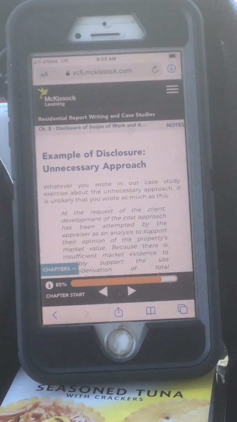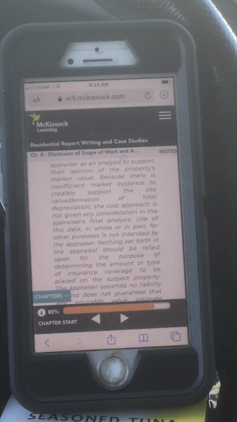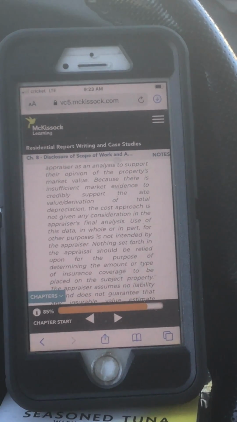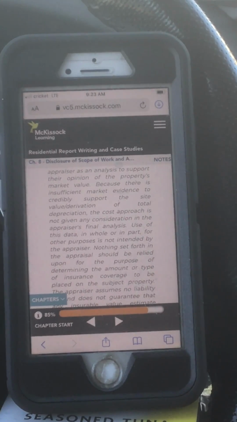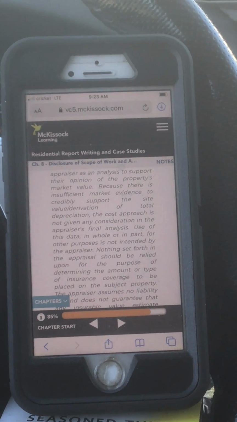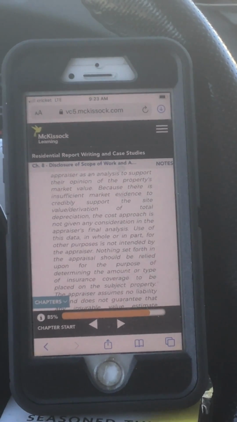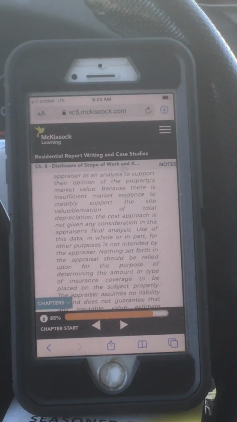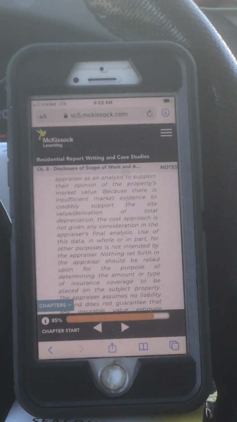Because there is insufficient market evidence to credibly support the site value or derivation of total depreciation, the cost approach is not given any consideration in the appraiser's final analysis.